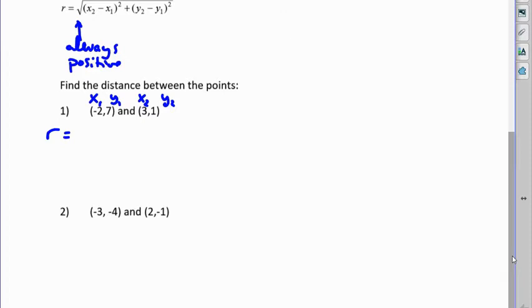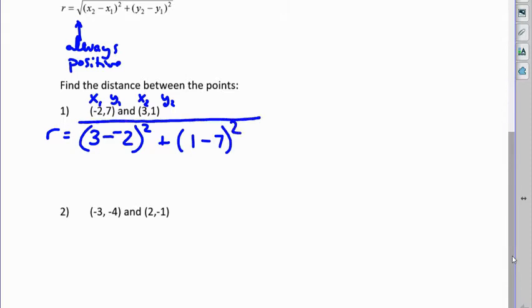But just substitute in. So x2 minus x1. So 3 minus negative 2, which actually will make it plus 2, squared, plus, now we go with the y2, 1 minus 7, squared, and then we put our square root back on.